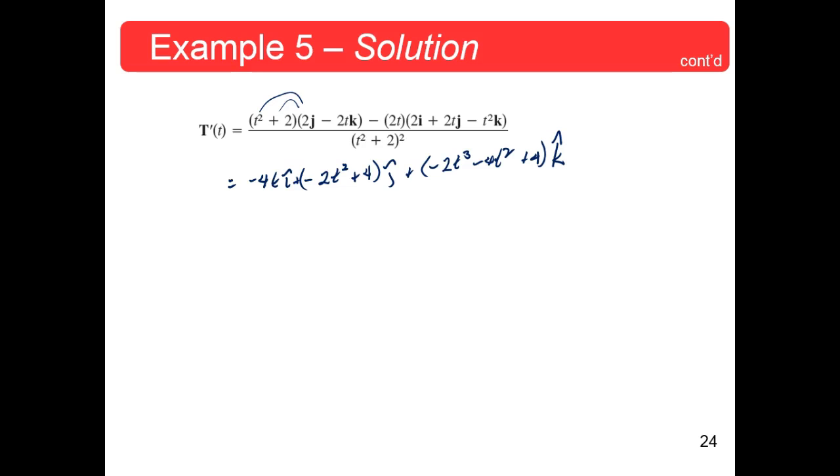Okay, I still don't think I have it right. I don't have all of them. Do I? Let's see. There's a minus 2t cubed k, and here is a plus 2t cubed k. So those go away. Okay? And here we have a minus, let's see, there's no t squared terms then.